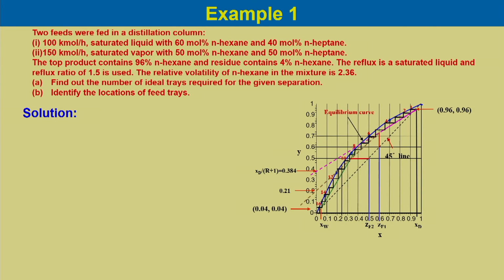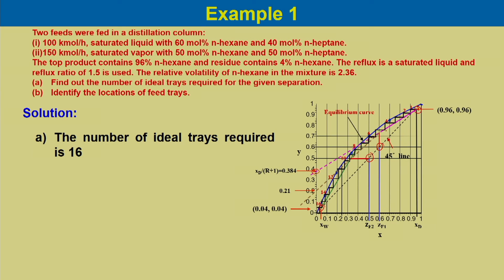So, now if we just plot for the stripping section operating line, you can locate the 2 feed conditions on the 45 degree diagonal and you can locate the distillate condition here. And from the rectifying section we have the intercept 0.384 x d by r plus 1.